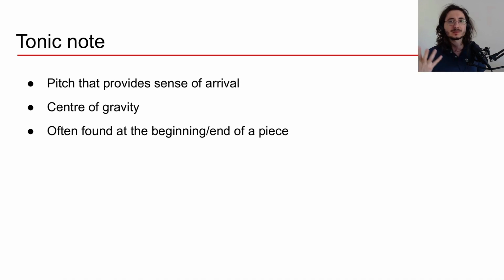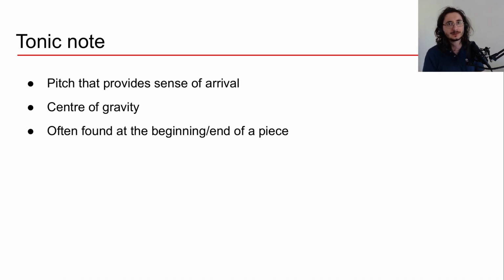So what's the tonic? We can call it tonic or tonic note, and that is basically the pitch that provides a certain sense of arrival, right? It provides you with a sense of rest. It's as if all the pitch tension is leading towards that specific pitch.